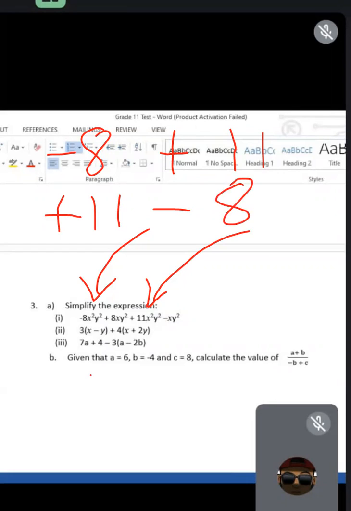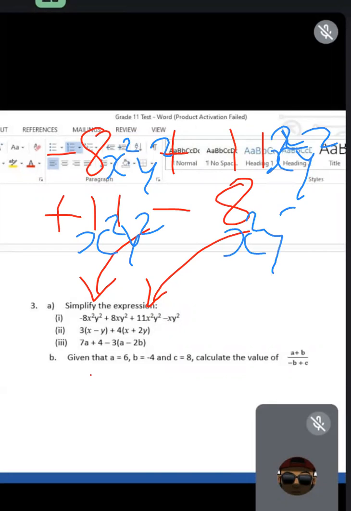Now with that in mind, let us put the x²y² and x²y² together, right? So that's true, then we will have the same thing here, right?